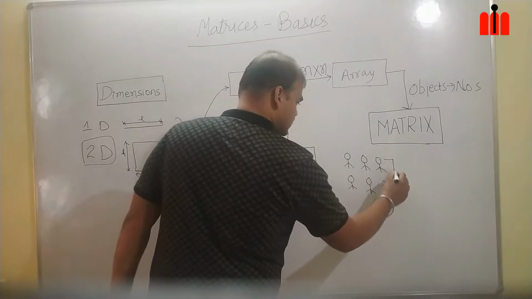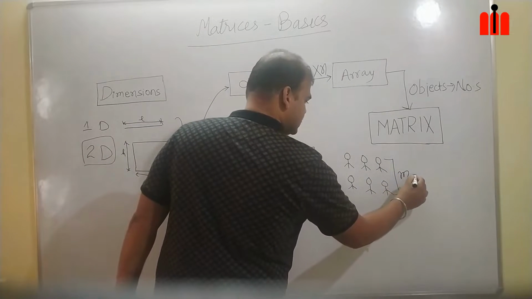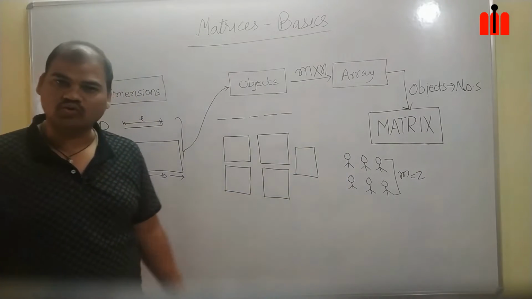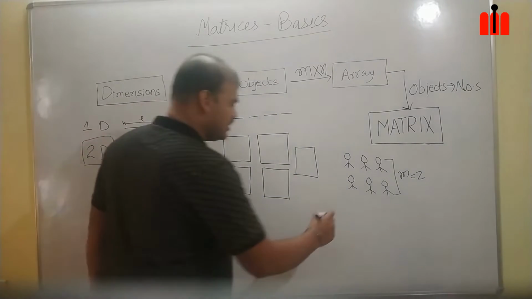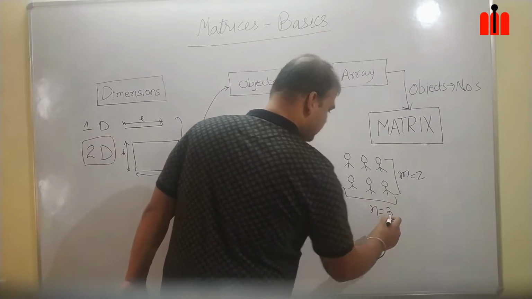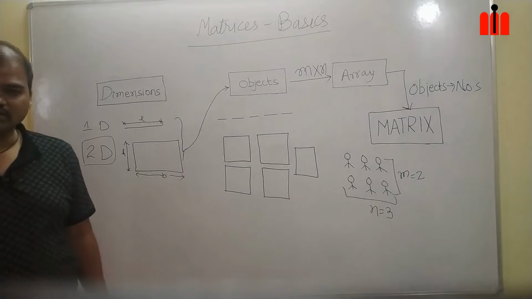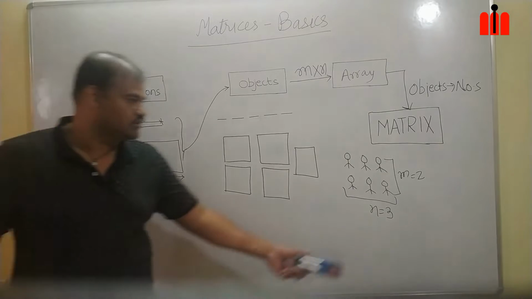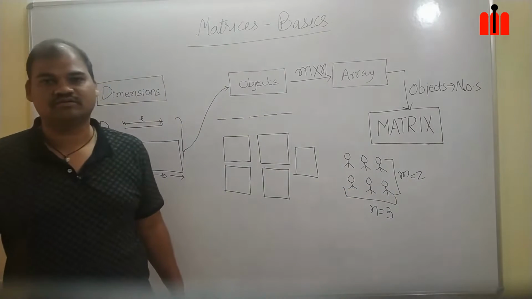Like this, here m is equal to 2 because it has 2 rows. Here n is equal to 3 because it has 3 columns. Right? 2 dimensions.